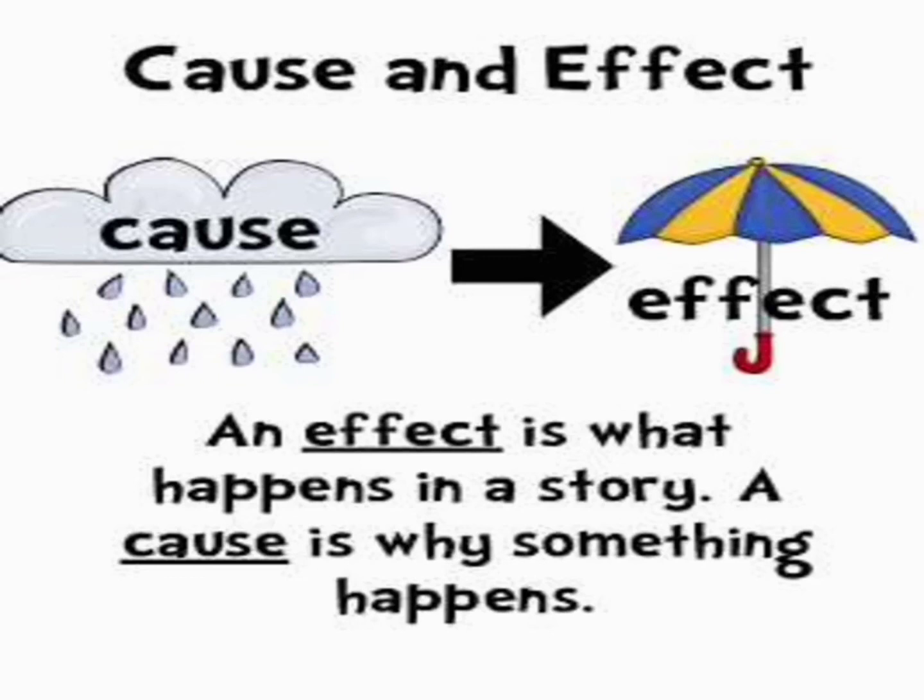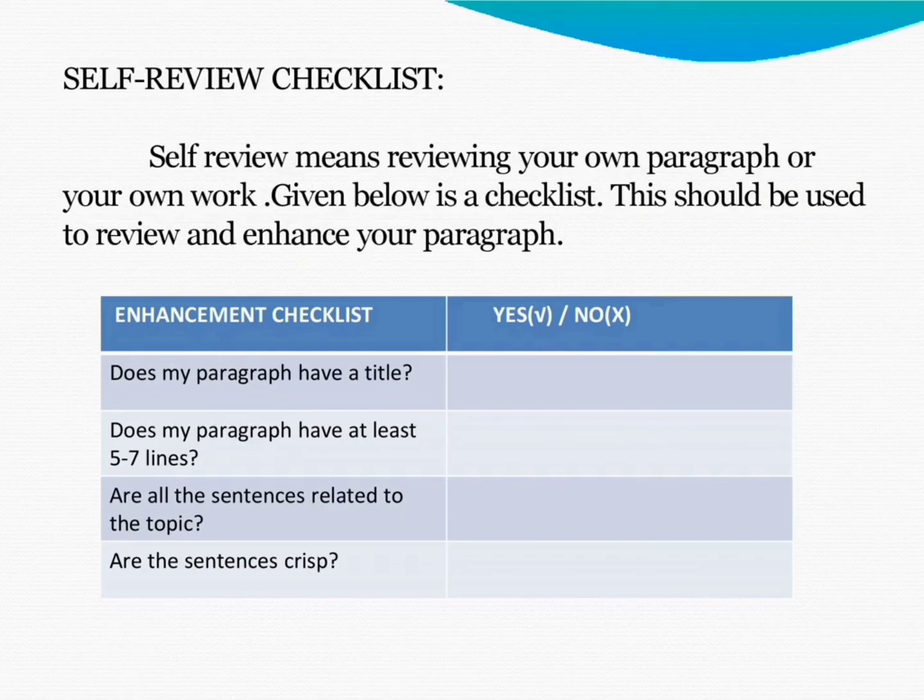So in today's class we learned three small topics: self review, peer review, and cause and effect. Self review means reviewing your own work, your own paragraph. They have given four questions. You need to use those questions to check whether your paragraph has a title, whether it has at least five to seven lines, whether all the sentences are related to the topic, and whether the sentences are crisp.